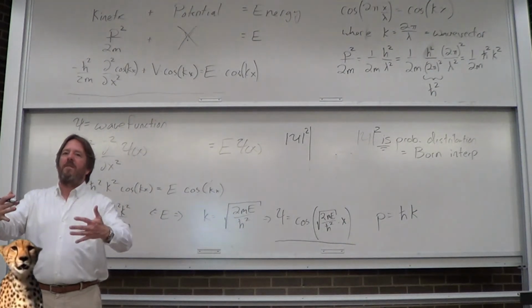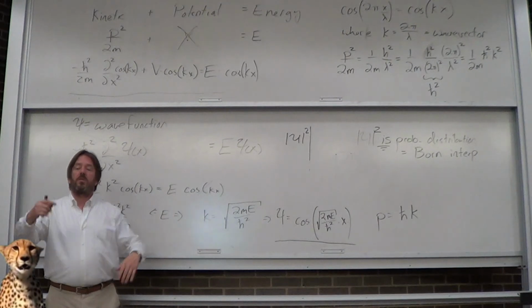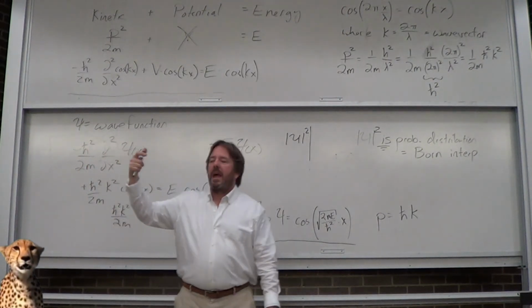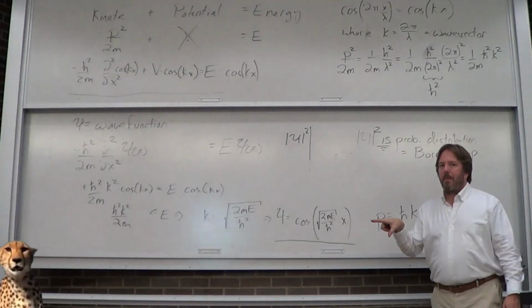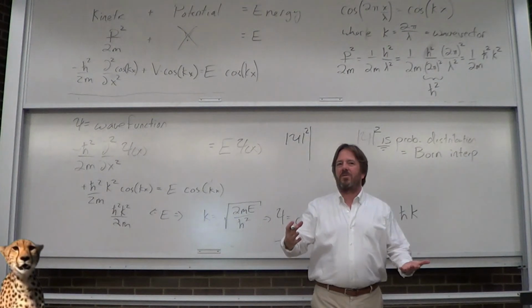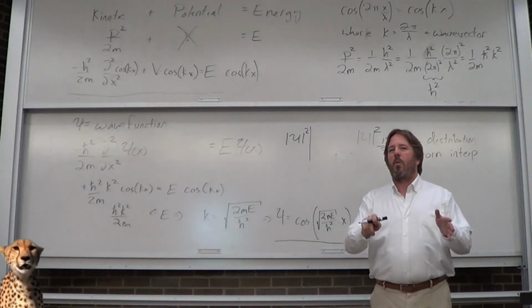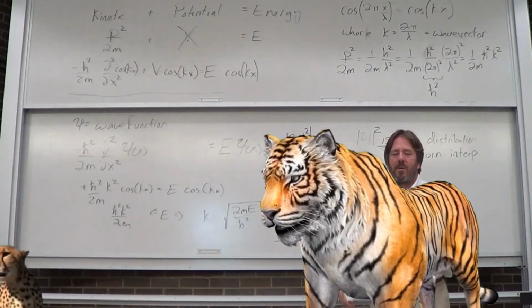Once you figure out the wave function by other means, you can use the Schrodinger equation to, one, check your answer, and two, learn other information. But you don't actually use the Schrodinger equation to solve the Schrodinger equation. And that is so weird, but that's how it works. All right? Okay, everyone.